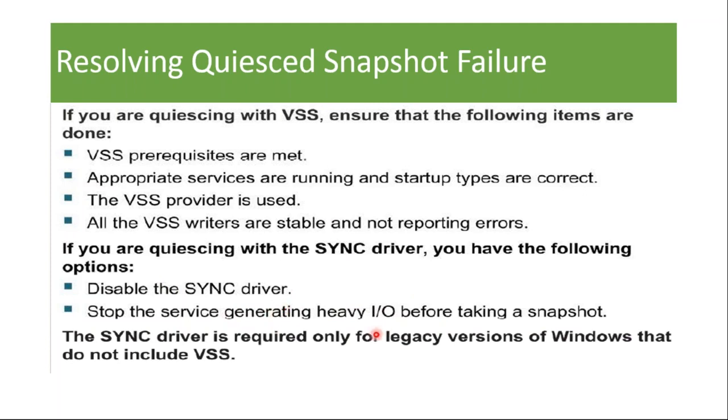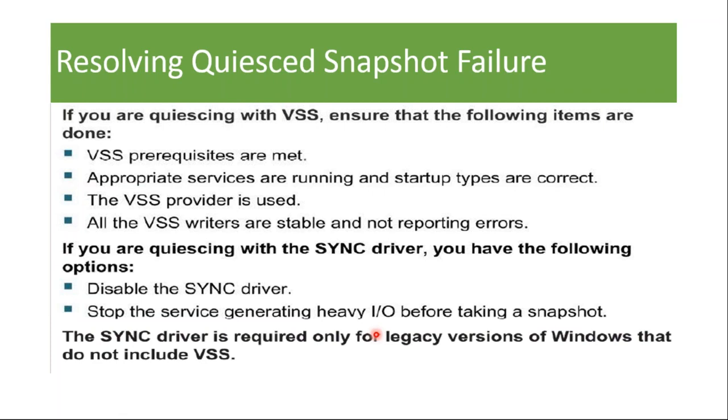If you forcibly install VMware Tools on those systems, then you have to disable the sync driver if you are taking a quiesced snapshot on Windows 2000 or Windows Millennium and earlier versions, 97, 98.